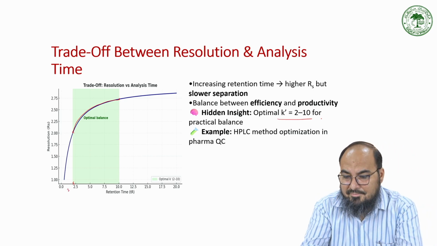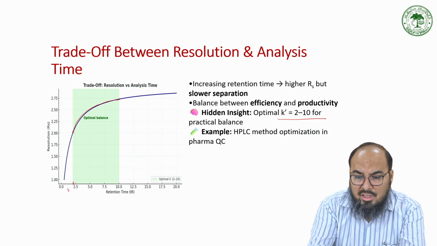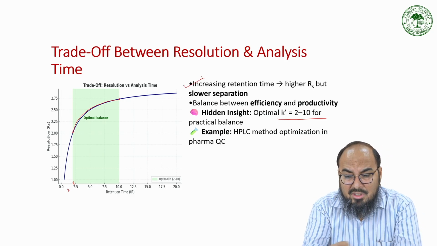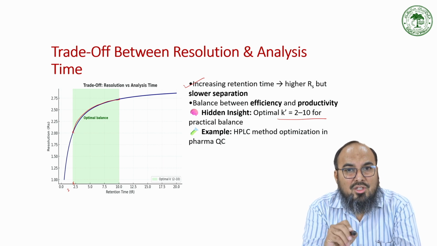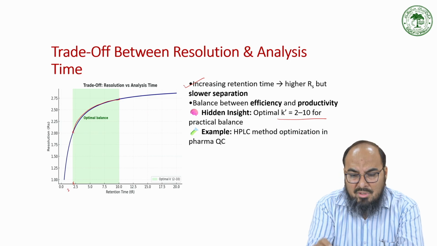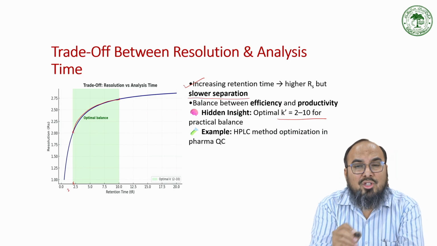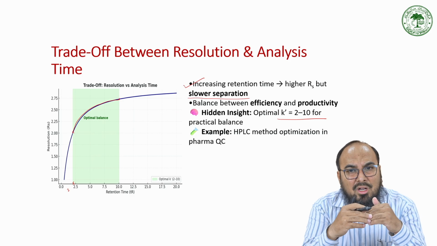Here it is written for a practical balance. If you increase the retention time, then you get higher RS but slower separation. So retention time will be increased, resolution would be good, but at the same time you have to run your column for a large amount of time.